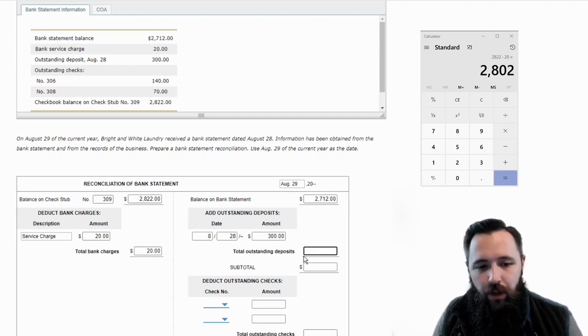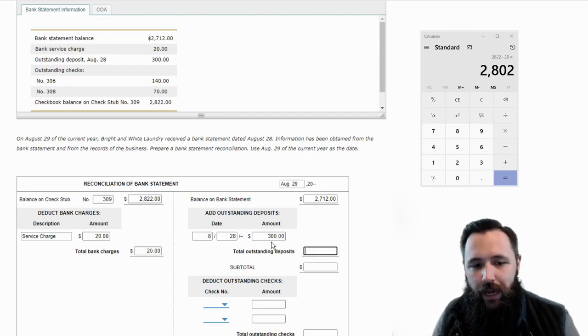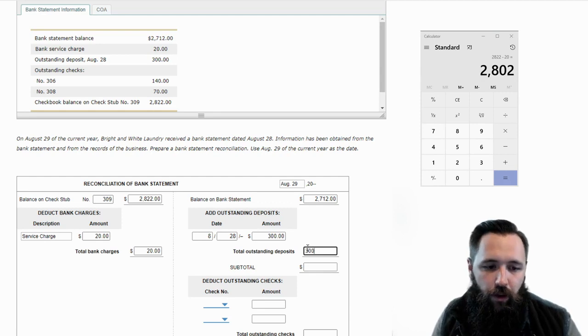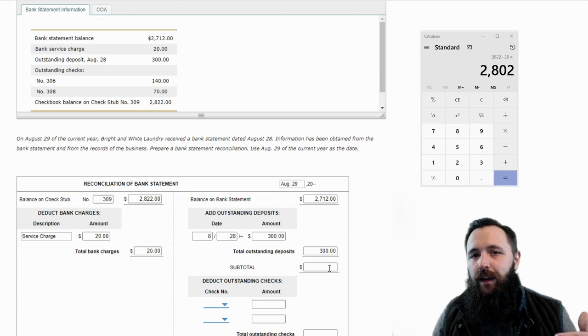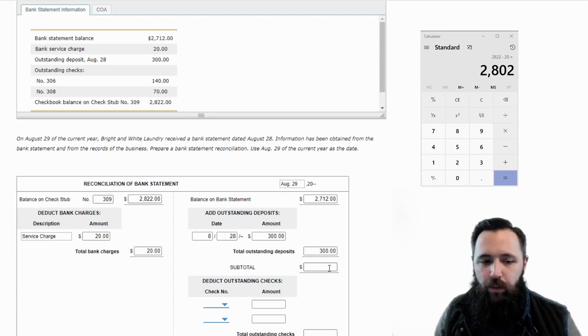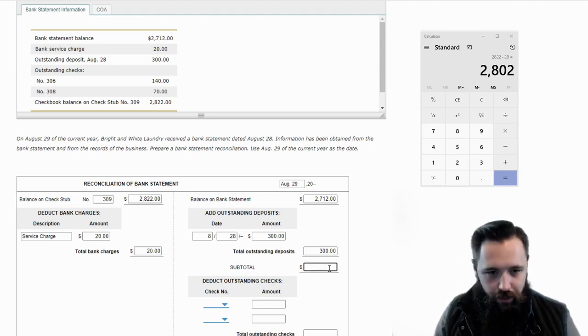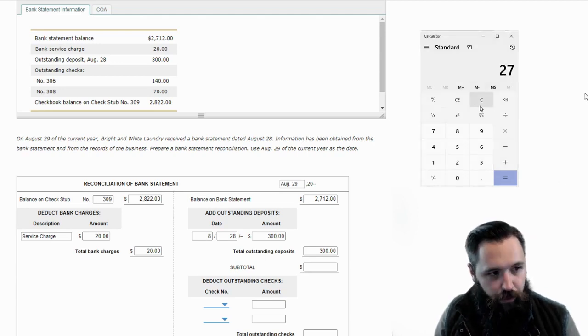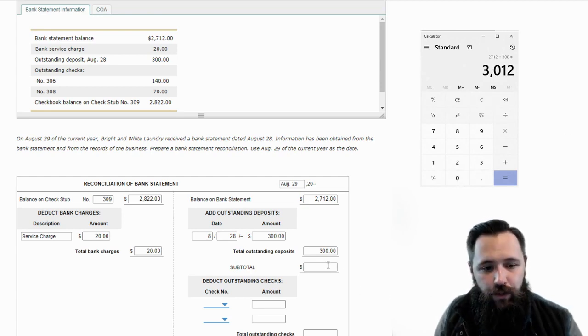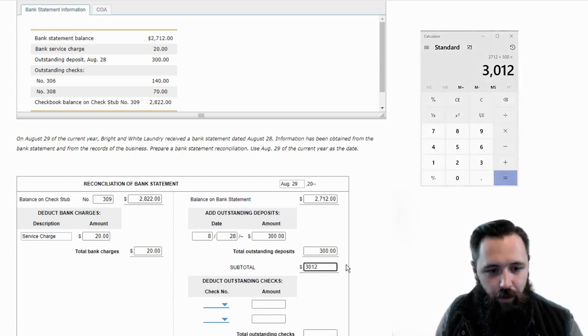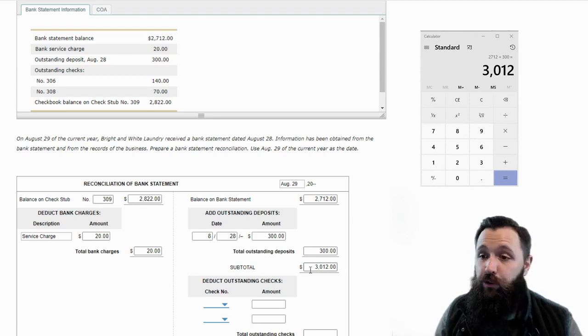If we had more than one here, we'd add them all up. But we only have one, so it's pretty easy, 300. And this is an outstanding deposit, money that we've already tried to put into our account. It's just processing. So 2,712 plus 300 is 3,012. Okay, so this is our new subtotal.